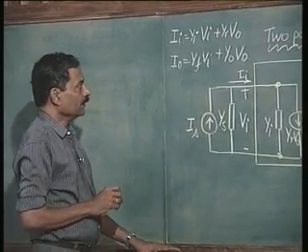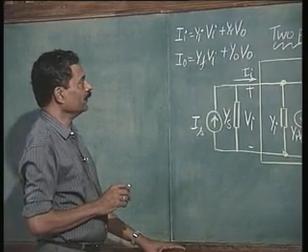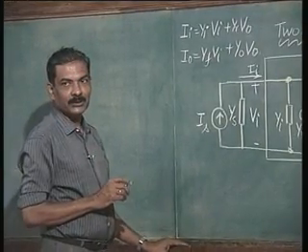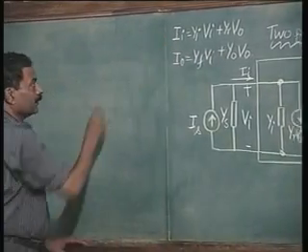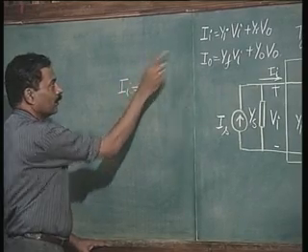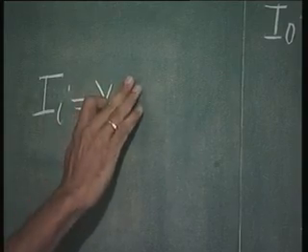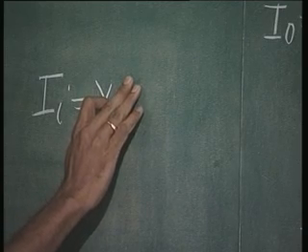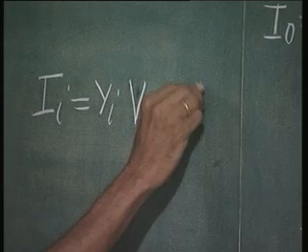So, first let us see how we can evaluate the input impedance. We take this equation, Ii equals Yi, the self admittance at the input, multiplied by Vi, plus Yr V naught.